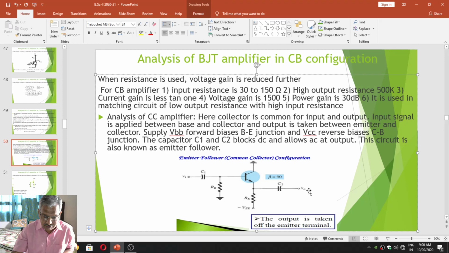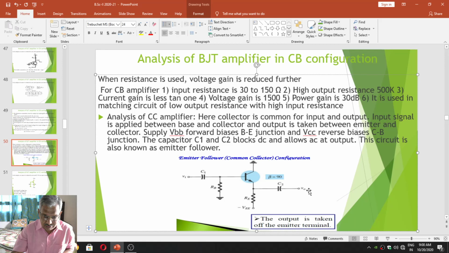So that is the reason why we can call this a common collector amplifier. This configuration is also called an emitter follower configuration because we are taking output across emitter, and this output follows the input. That is the reason why it is also called an emitter follower amplifier.